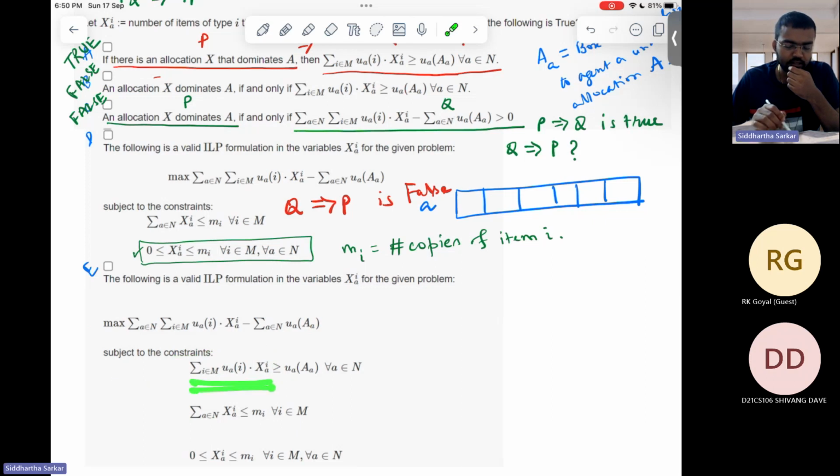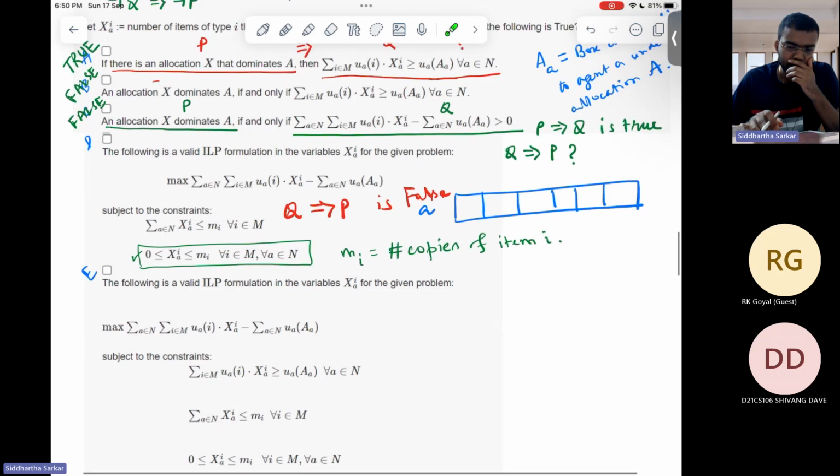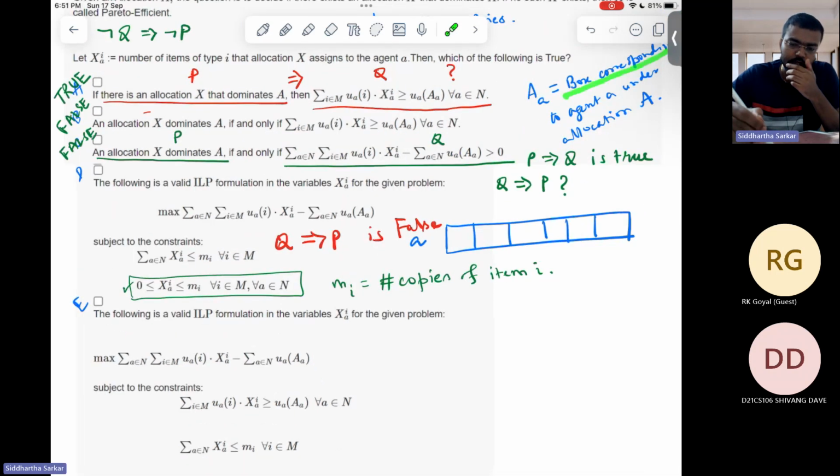On the left hand side, we have the overall utility that agent A has obtained under the allocation scheme X. And on the right hand side, AA is nothing but, as we said, the box corresponding to agent A under allocation A. So the utility obtained under the scheme A is this thing.